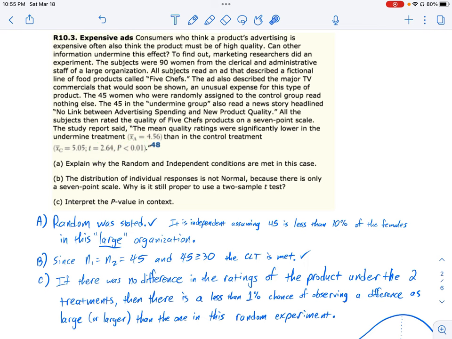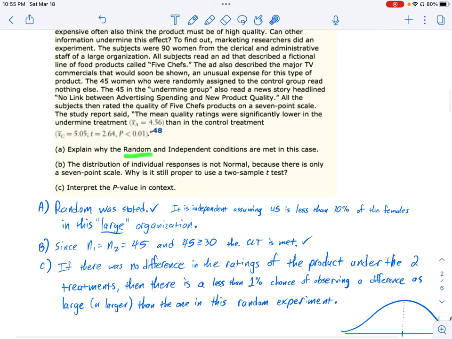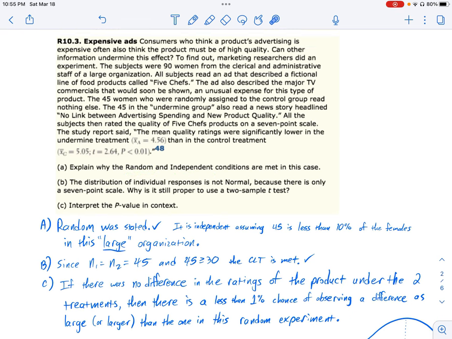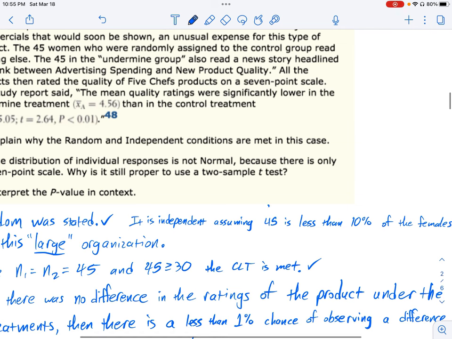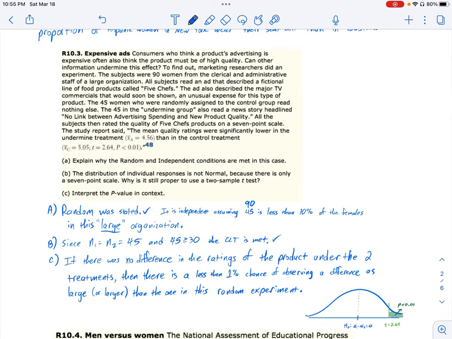It's less than 0.001. Explain why random and independent are met. It's random because it was stated that the sample was random. It's independent because 45 women is less than 10% of the females in this large organization. You could even say, I guess, 90 women, that would also be less than 10%.